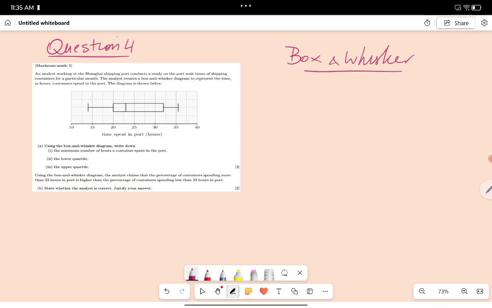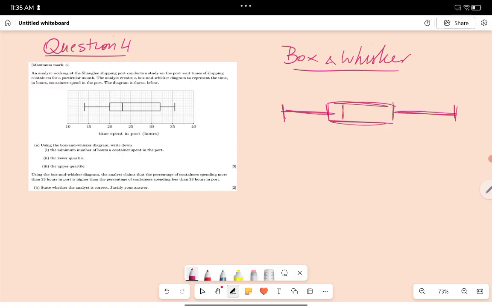So if we have a box and whisker, we've got a box in the middle, and we've got two tails like this, and we've got a line in the middle. It looks like this. Okay, so a box and whisker is used to visualize our data, how it spreads over the values.